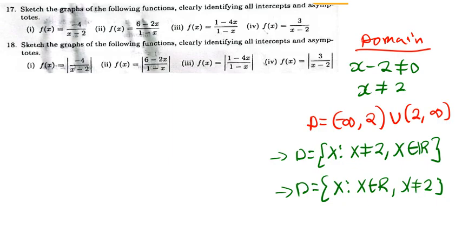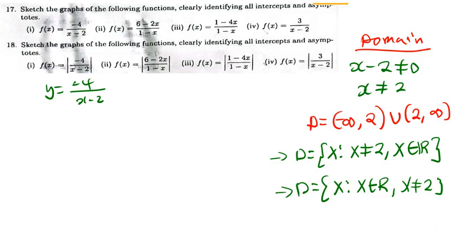For example, here it's easy for me to find the inverse. So the inverse here is going to be y equal to negative 4 divided by x minus 2. If you find the inverse, then you find the range the way we are finding the domain. That will be the range.